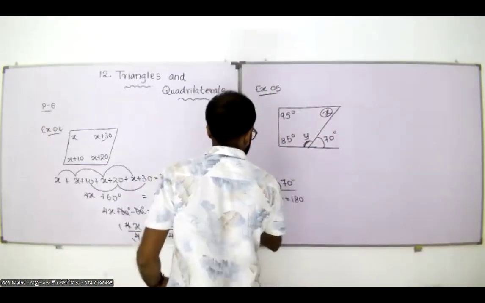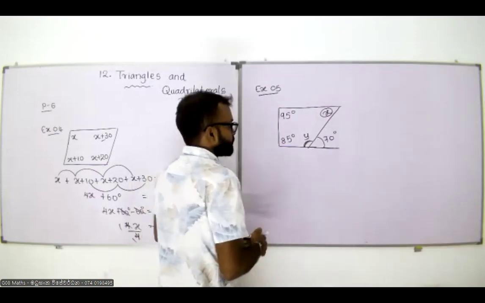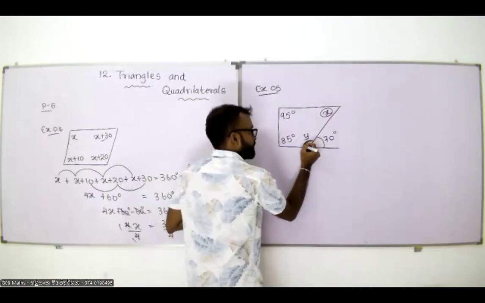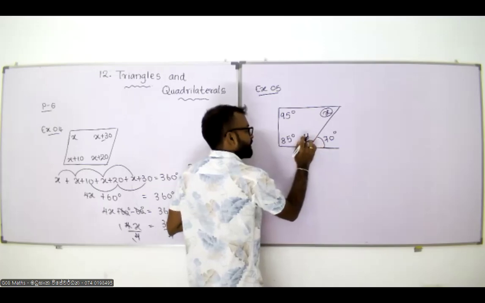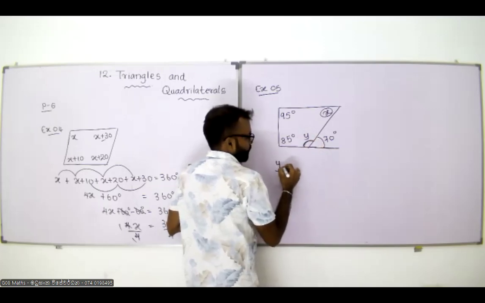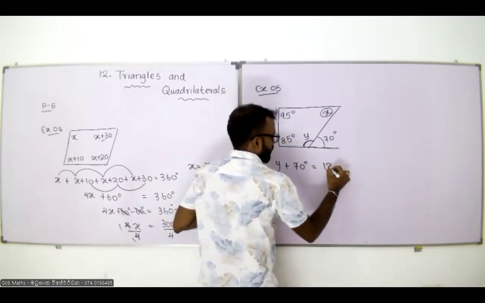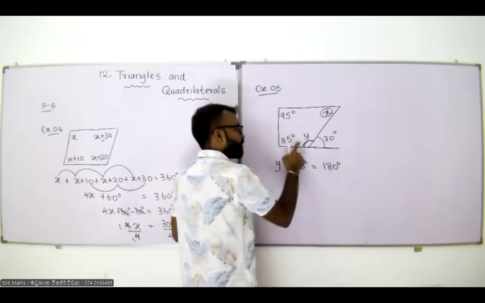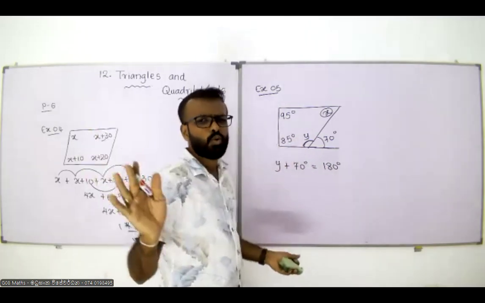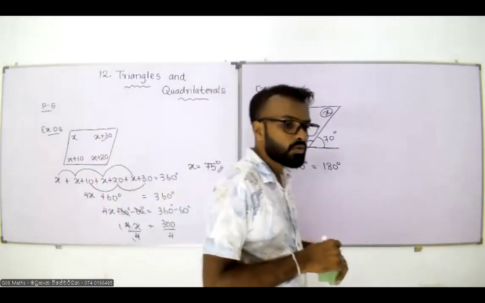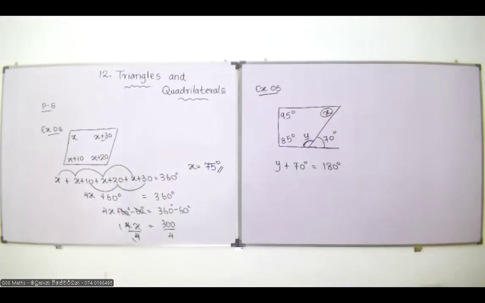I have named this angle as y, so I write y plus 70 degrees is equal to 180. You can take this angle as whatever you want, A, B, C, D, or whatever. In the diagram I have given some letters as well.